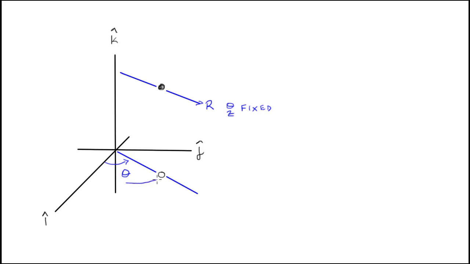Theta varies. That's a circular arc in the plane, but it's parameterizing that point, so it's a circular arc on that point. R is fixed, Z is fixed. And then our last coordinate line, Z varies, R and theta are fixed.